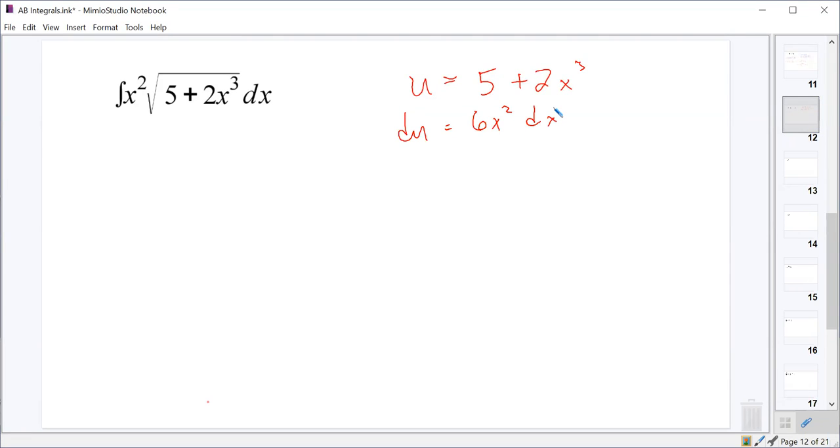No, but I could build one in by multiplying by 6, so 6x squared root u dx. And if I multiply by a 6 on the inside, what do I need to do also? I also need to multiply by 1/6. I'll do that on the outside of my integral. Everybody good with that?